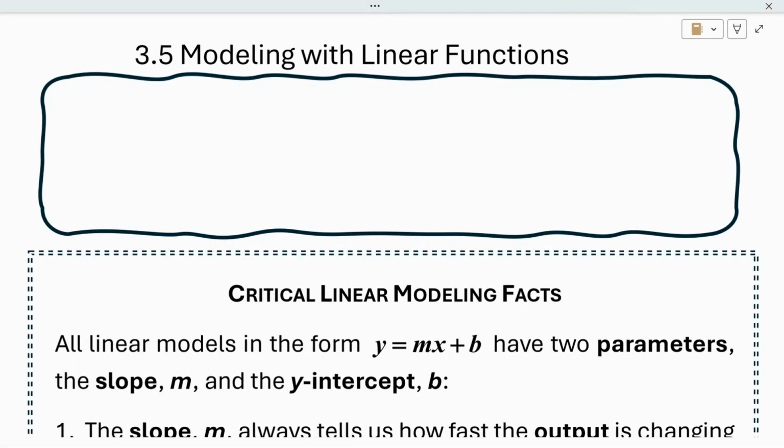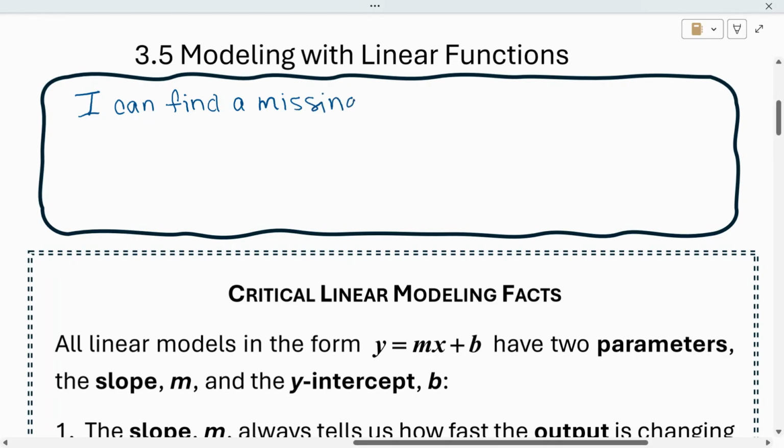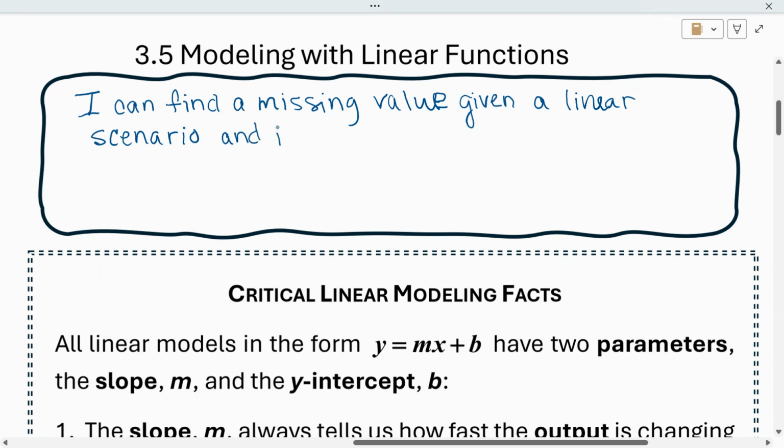Alrighty, so our I can statement. I can find a missing value given a linear scenario and interpret the meaning of the slope and y-intercept.